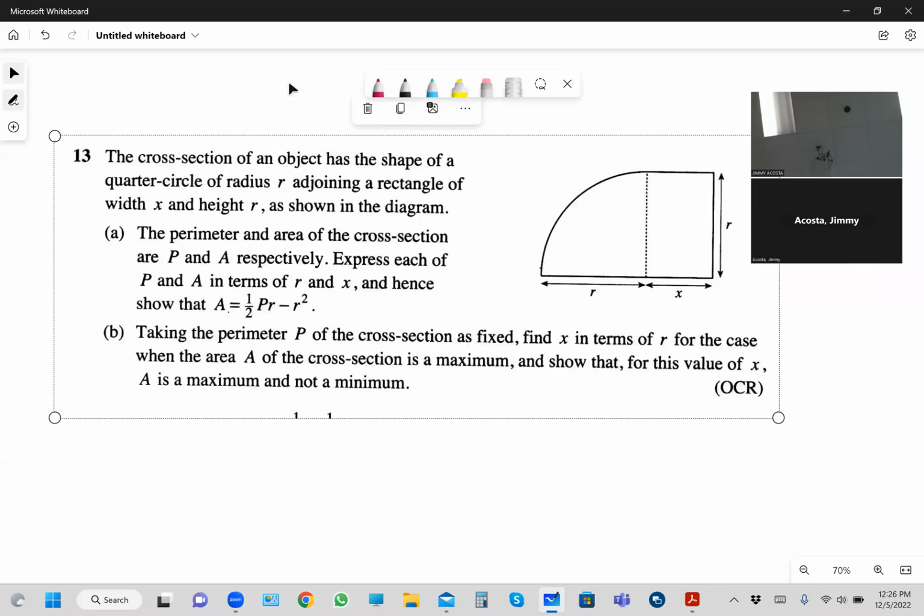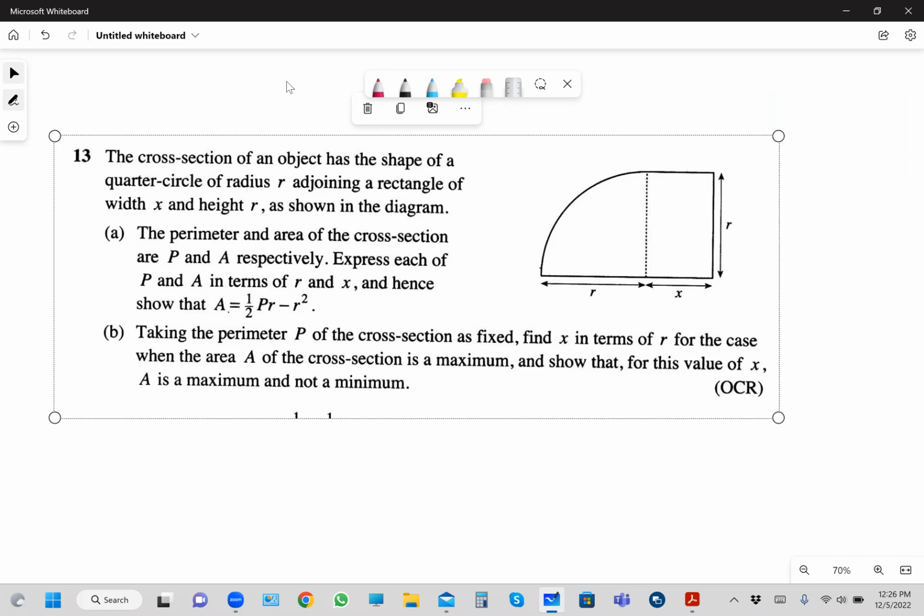On this computer. All right, it says that the cross section of an object has the shape of a quarter circle of radius R, adjoining a rectangle with width X and height R. The perimeter and area of the cross section are P and A respectively.